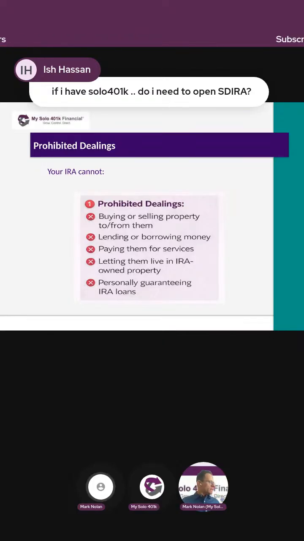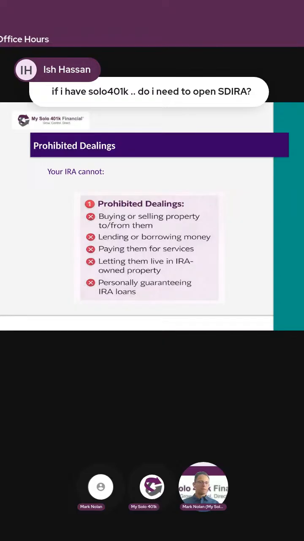Same rule applies to a self-directed solo 401k plan. Your self-directed solo 401k cannot buy property from you and vice versa. You cannot sell property from the self-directed solo 401k to you.